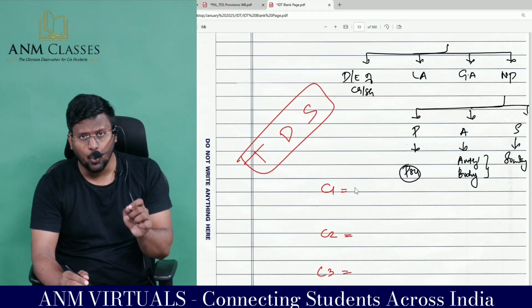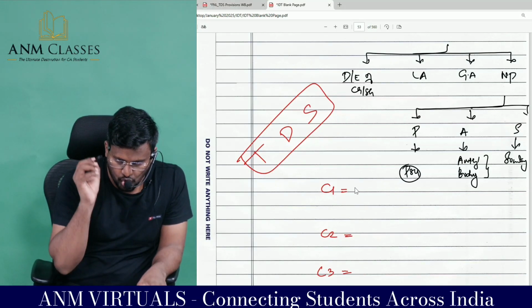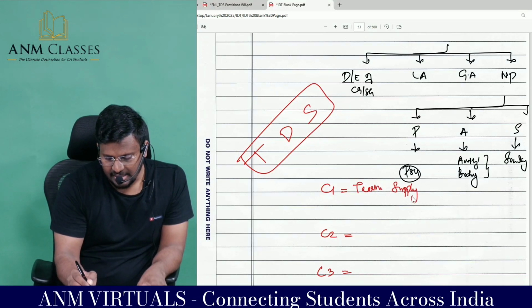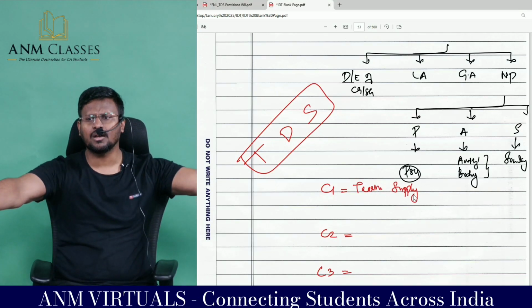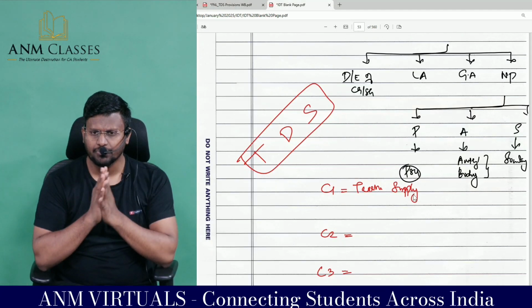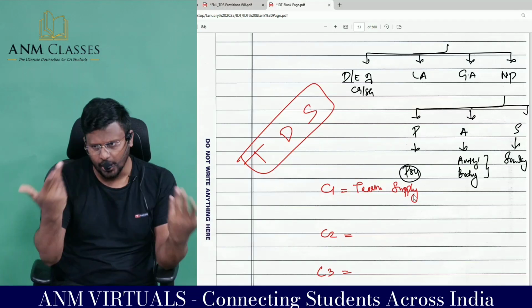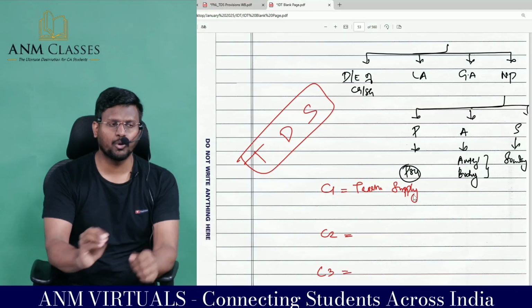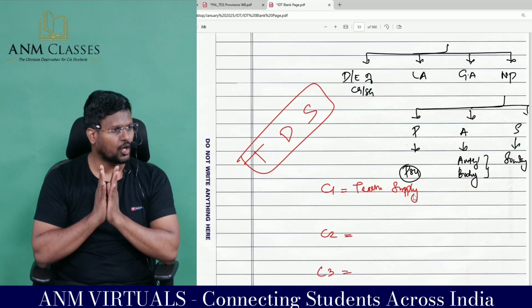Condition number 1 is saying that you have to check taxable supply. That means you have to eliminate exempt supply. If the supplier is supplying only taxable supply, then okay, no problem. If the supplier is supplying only exempt supply, provisions of TDS will not be applicable.